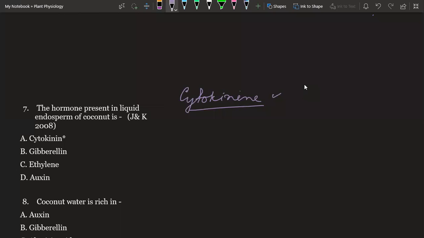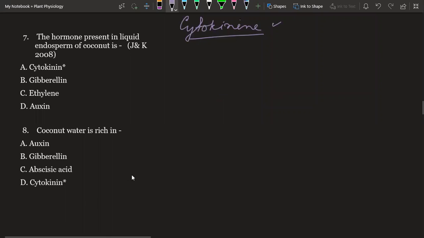Here we can see two questions: the hormone present in the liquid endosperm of coconut is cytokinin, and similarly, coconut water is rich in cytokinin.